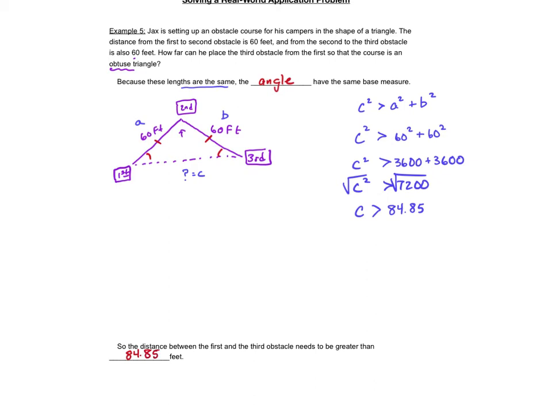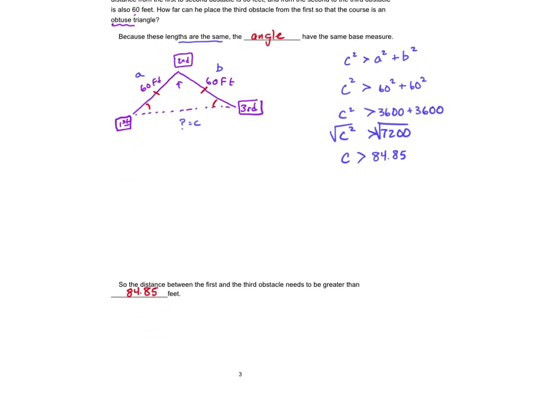If it were a right triangle, c would have had to equal 84.85, and if it was going to be an acute triangle, c would have had to be less than 84.85. So those are just some additions that we could have looked at.